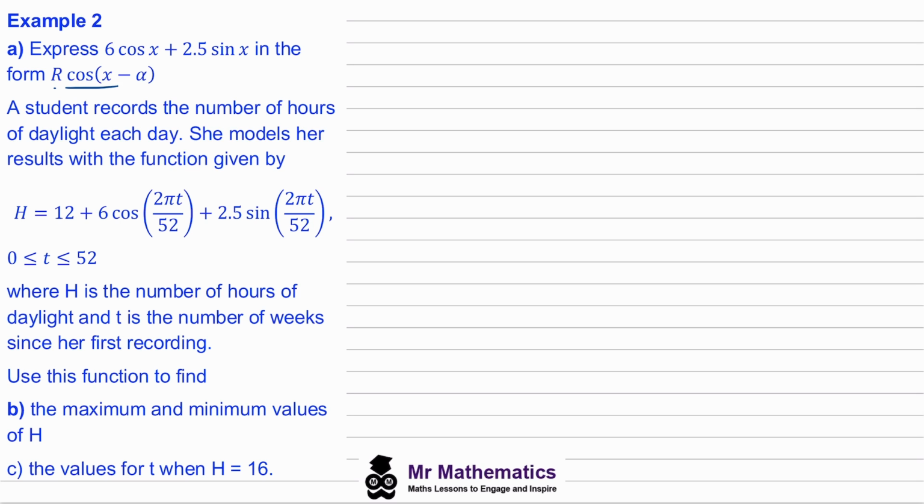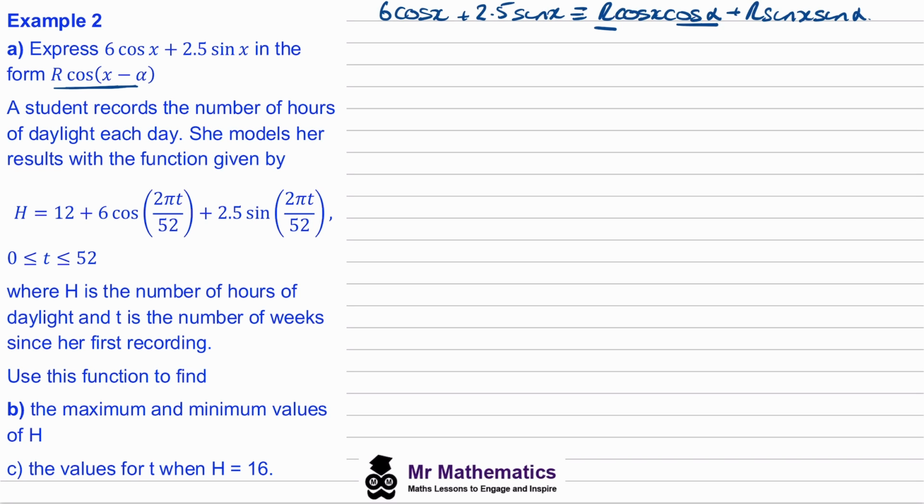We'll start by expanding this out. So we'll have 6 cos x plus 2.5 sine x. This will be identical to r cos x cos alpha plus r sine x sine alpha.